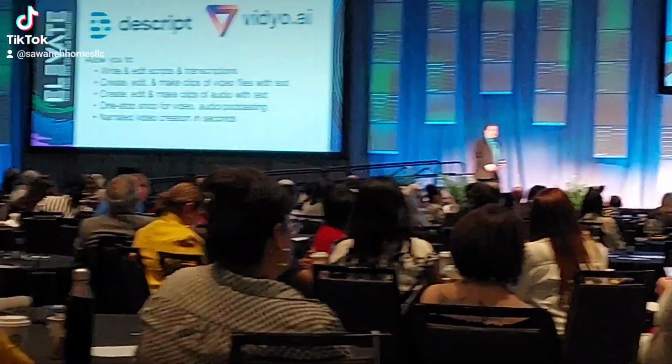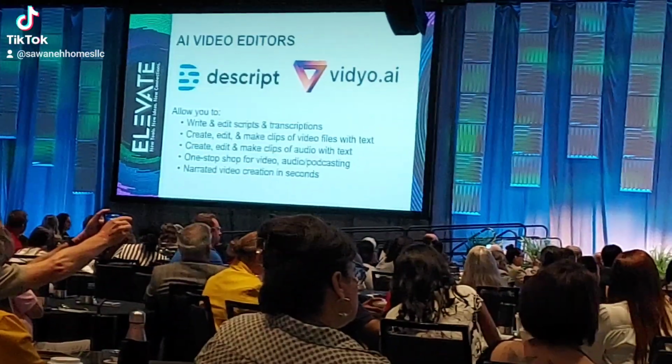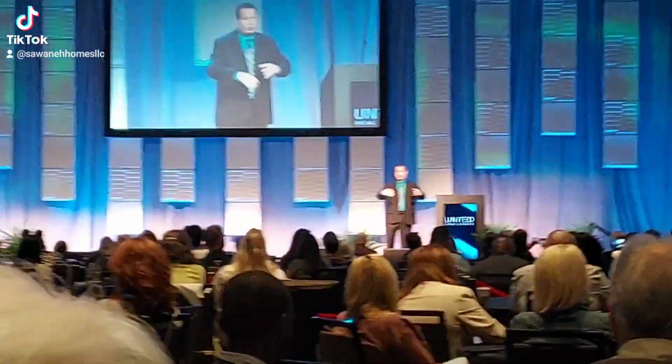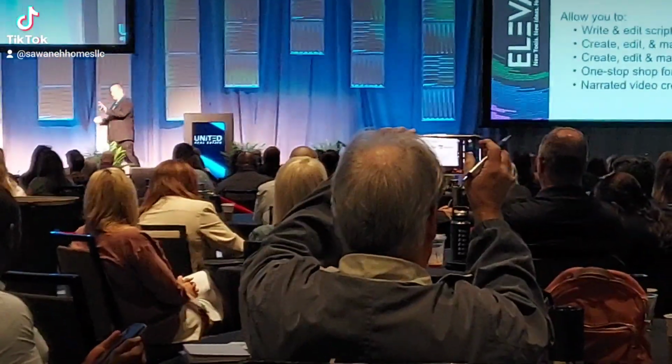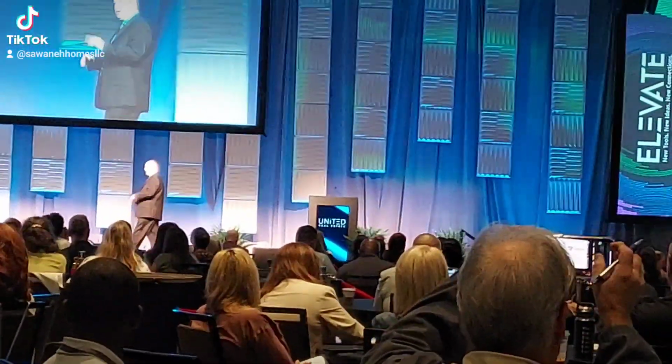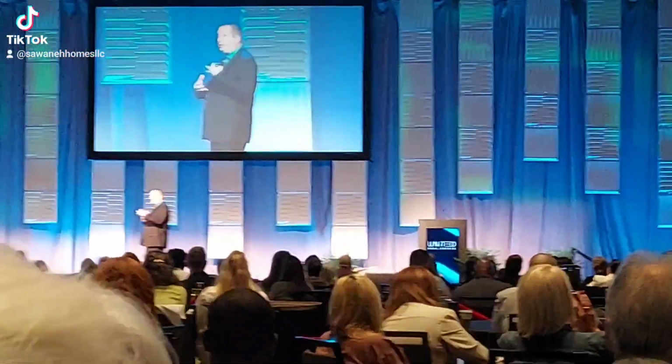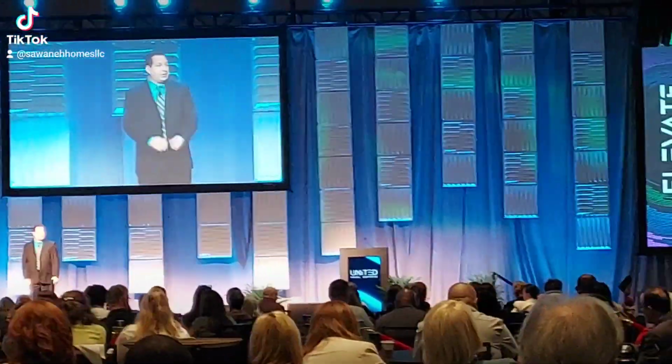Now, by the way, there's also AI editing software now. So tools like Descript in video, you see it's spelled a little bit weird. Literally, you can give a script, it'll create the video for you. I want a family running down the beach holding hands, and then I want the next scene to be a dog in the kitchen. It'll literally create all the video for you based on the script you give it.